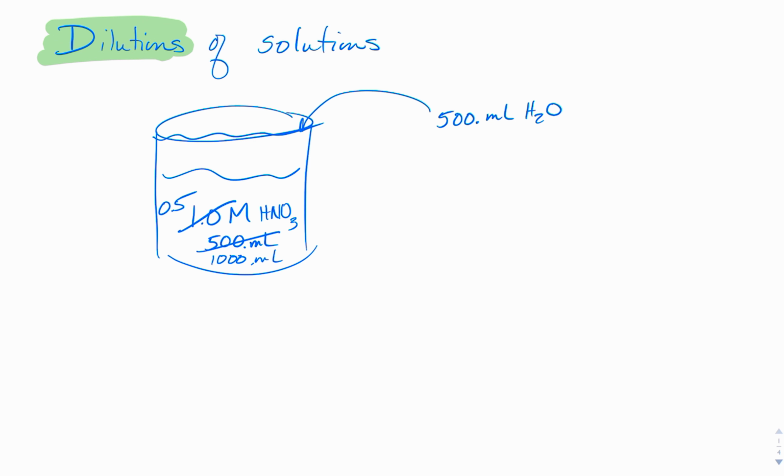So how do you solve that in an expression? Well, we start with the concentration of our original solution, which we'll call concentration of solution 1, and the volume of solution 1. We set that equal to the concentration of solution 2 times the volume of solution 2.